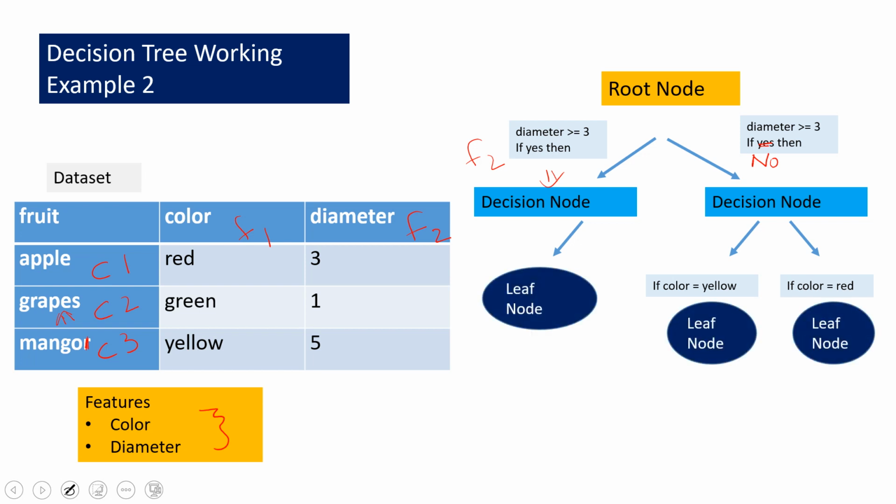So we have a leaf node for that, and you see the grapes are being identified very differently, and on the basis of color we are able to differentiate mango and apple. So we can say that we split the data using each feature. Whichever feature gives us the highest gain, like if we choose diameter, 2 fruits will be covered by this condition.